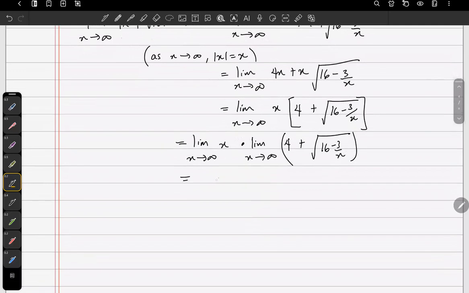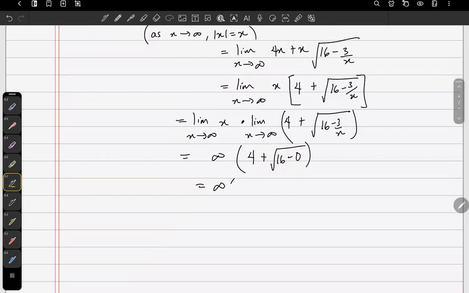The one on the left is just infinity. The one on the right: the limit of 4 is 4, plus the square root of the limit of 16, which is 16. The limit of 3 over x as x goes to infinity is 0. So this is infinity times 4 plus 4, which is infinity times 8.